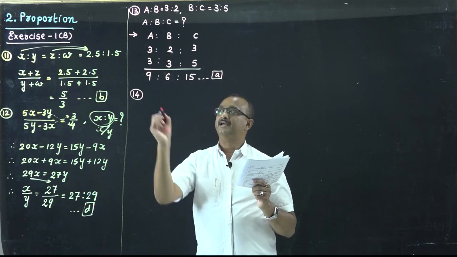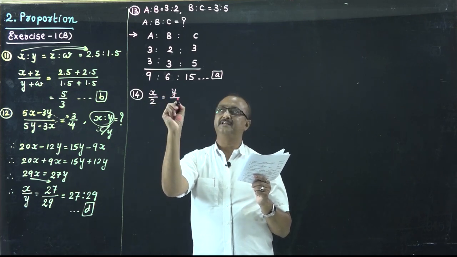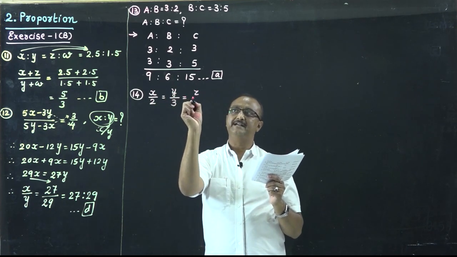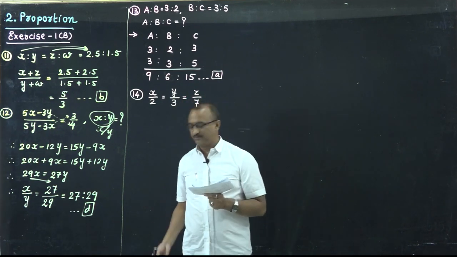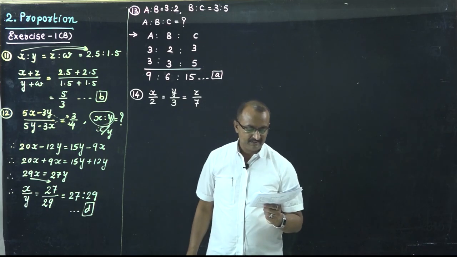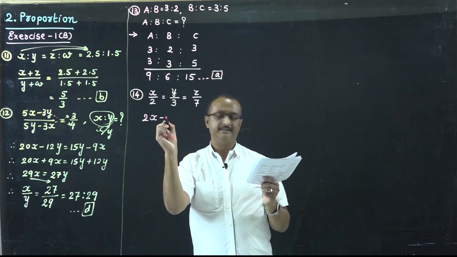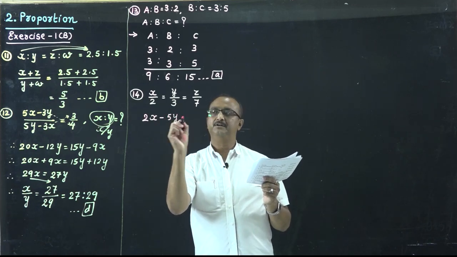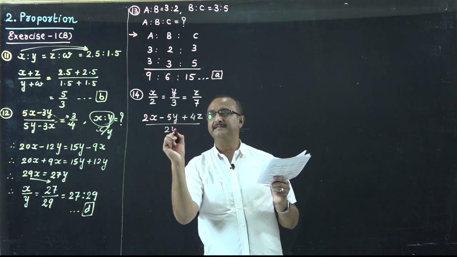14. x upon 2 equals y upon 3 equals z upon 7. Then the value of (2x minus 5y plus 4z) divided by 2y is.